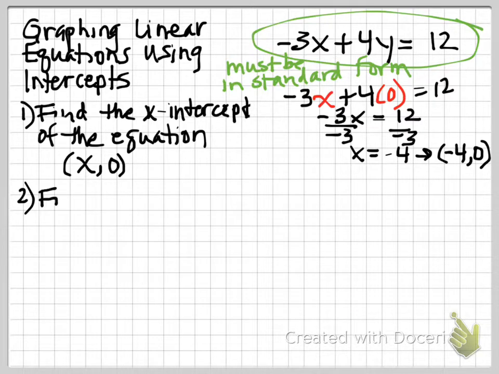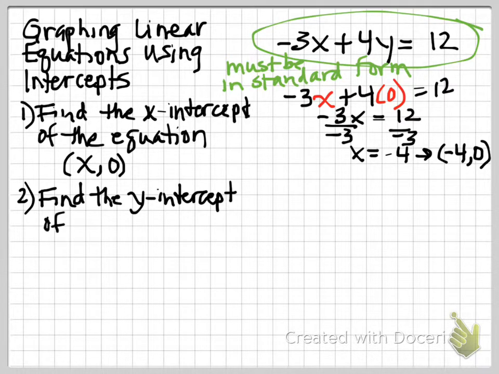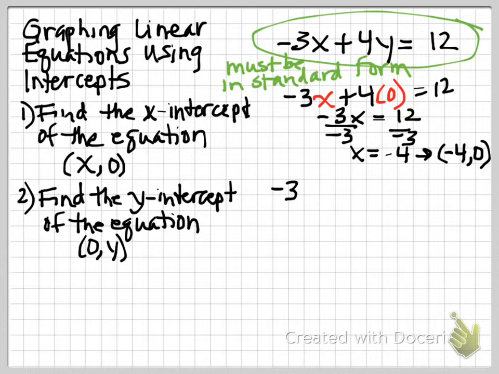Next, we're going to find the y-intercept of the equation. And remember, what were the coordinates of the y-intercept? 0, y. So we're going to take our equation, and where we see x, we're going to replace with a 0.